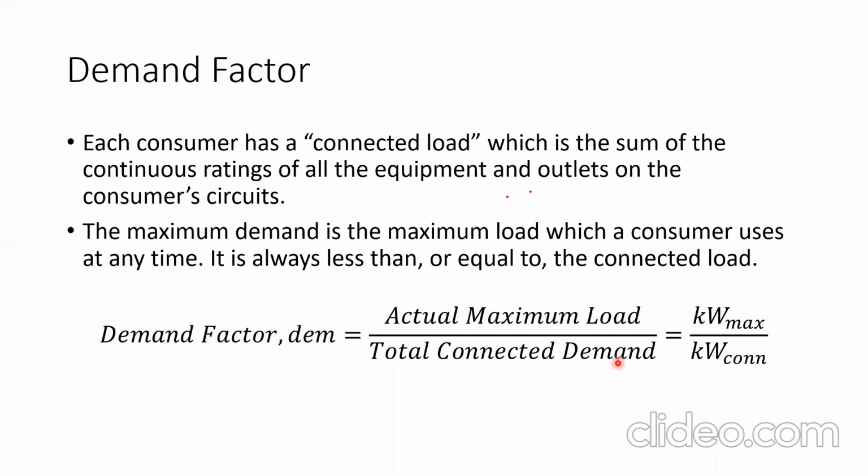Total connected load means the kW or wattage, the addition of wattage of all the connected loads in the house. When it divides the maximum load, we get the demand factor. Obviously total connected load is always greater than actual maximum load demand, so this factor is always less than 1. Demand factor is equal to kW max by kW connected.